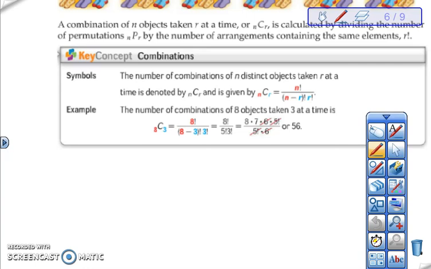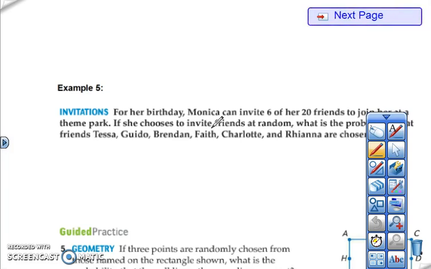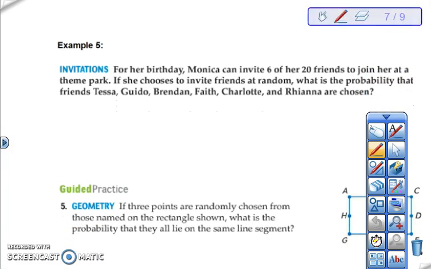Only now there is an extra factorial on the bottom to divide out the repeated combinations. So in terms of calculating this, your calculator has the NCR button in the same spot as the NPR and the factorial. So really all you have to do is figure out which one you want so that when you type it in, you're telling your calculator to give you the right thing.